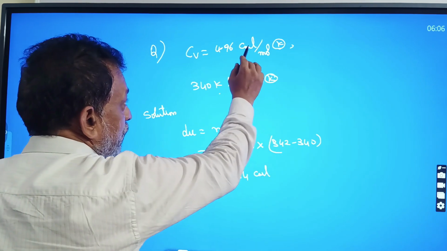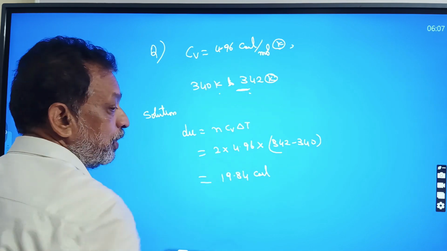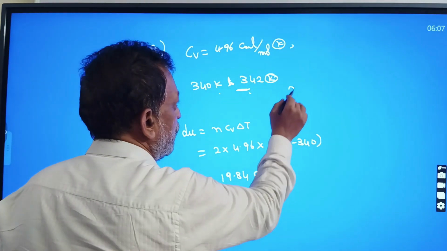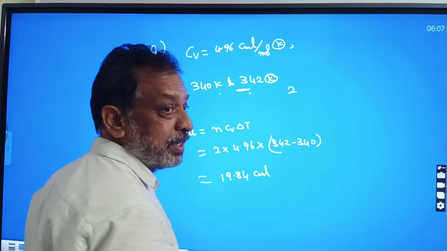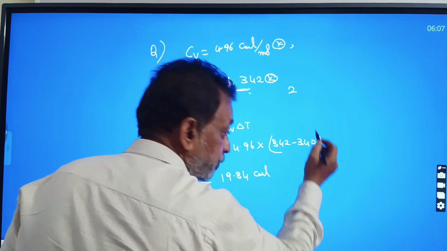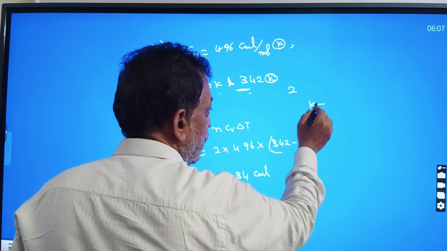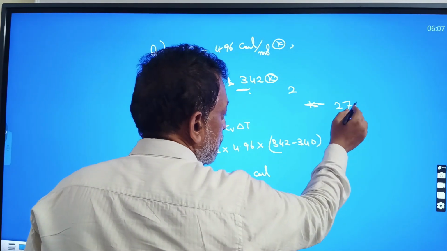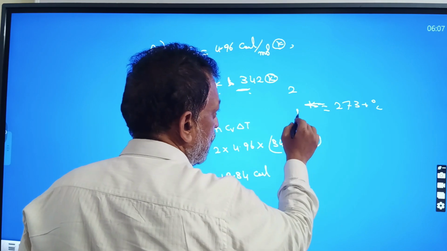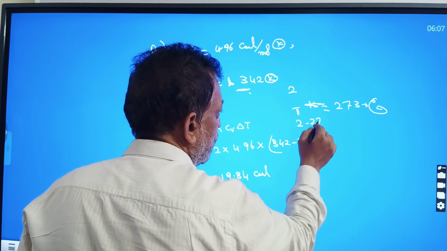If they give calorie per mole degree centigrade, you have to convert Kelvin to degree centigrade. The conversion is K equals degree centigrade plus 273, so degree centigrade is K minus 273.